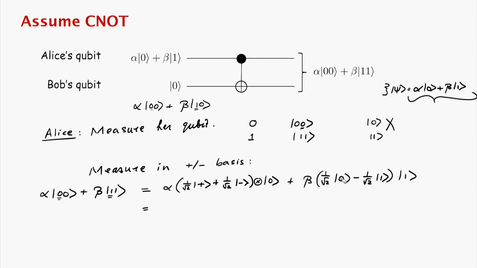Sorry, I made a mistake here. We wanted to say 1 is 1 over square root 2 plus minus 1 over square root 2 minus.